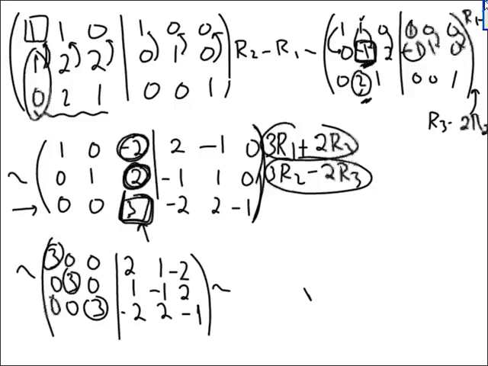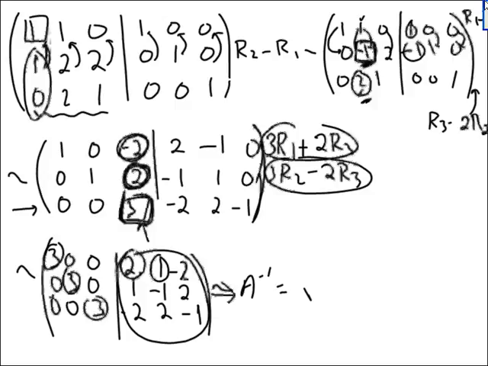Then I say, you know what? This is almost the inverse. When I divide each by 3, I can pull out the 3. That is, A inverse is going to be this divided by 3, 1 divided by 3, negative 2 divided by 3, 1 divided by 3, all the way to negative 1 divided by 3.